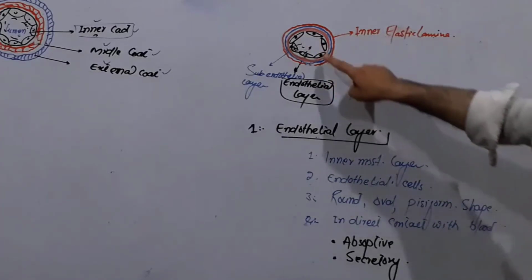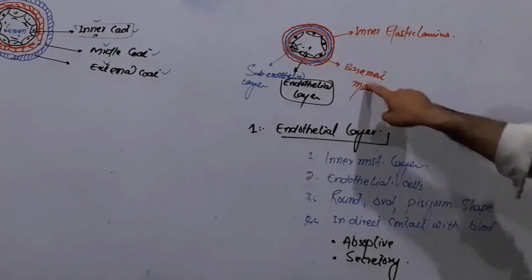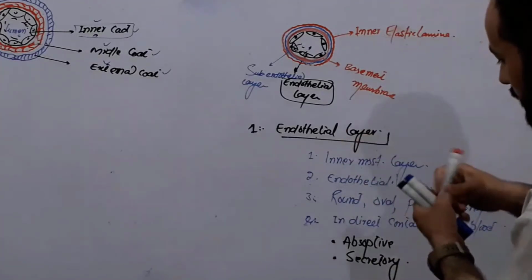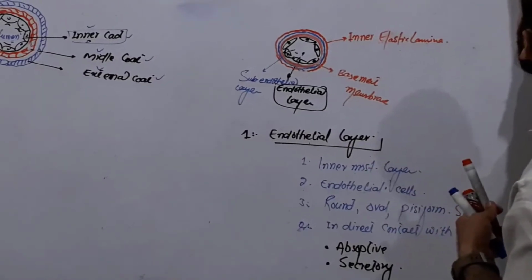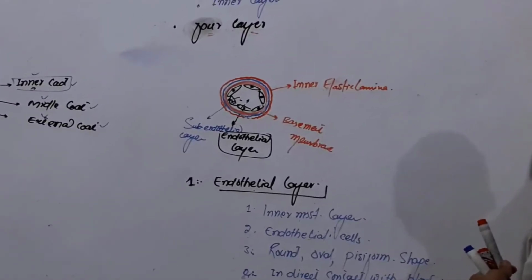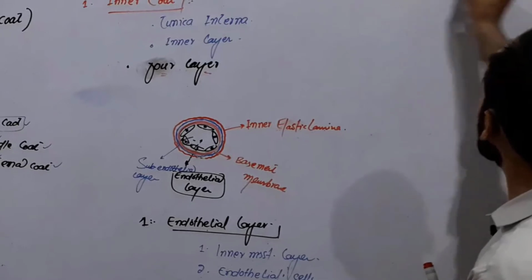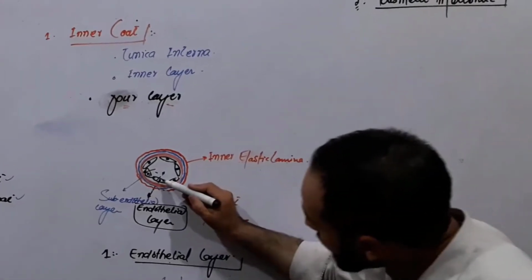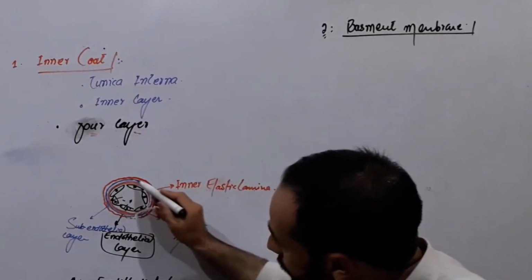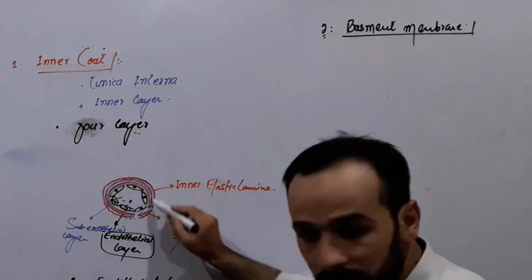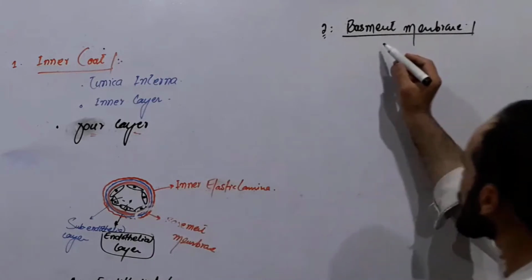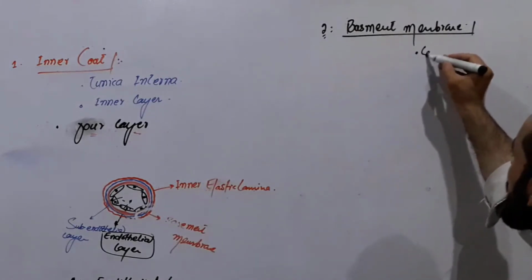Okay, next to endothelium we have the basement membrane. So let us discuss the basement membrane, the second one. Above the endothelium there is a protective connective tissue layer, and this connective tissue layer is called the basement membrane.